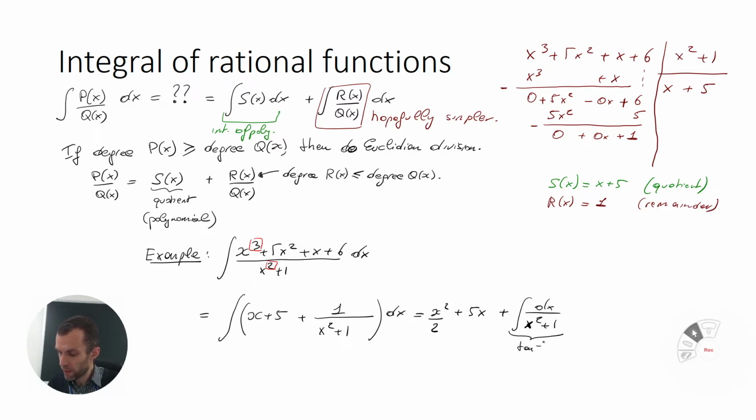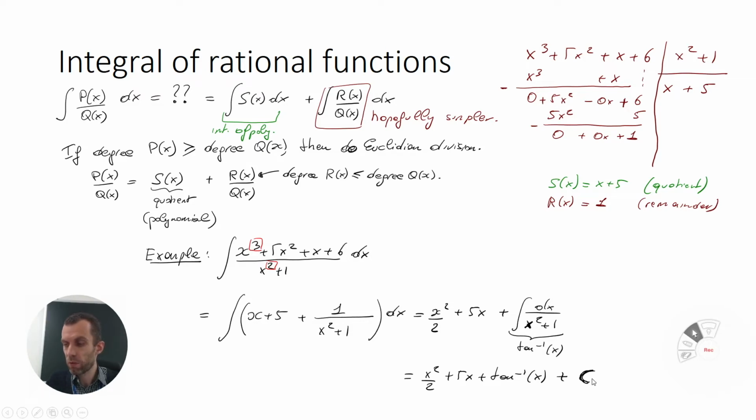This is the inverse tangent function. And so finally we end up with x squared divided by 2 plus 5x plus inverse tangent of x plus a constant for the integration.